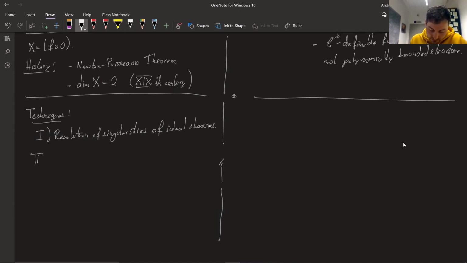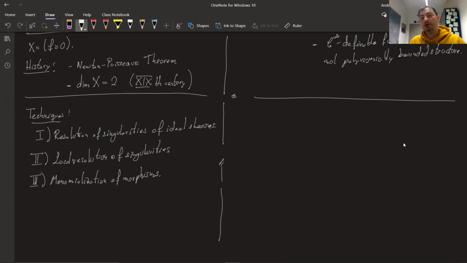Then we're going to see local resolution of singularities. And I'm going to come back to 1 and 2 in a minute. And third, monomialization of morphisms, which we might think of in the same way that we just talked about resolution of a function.